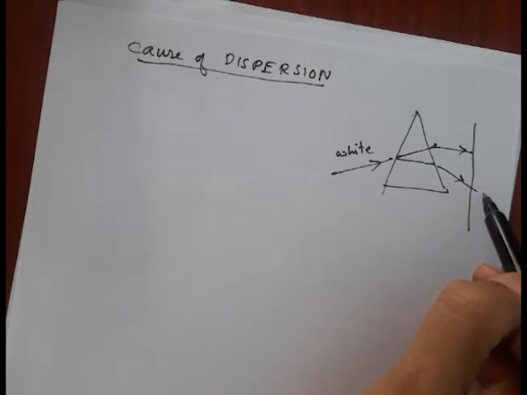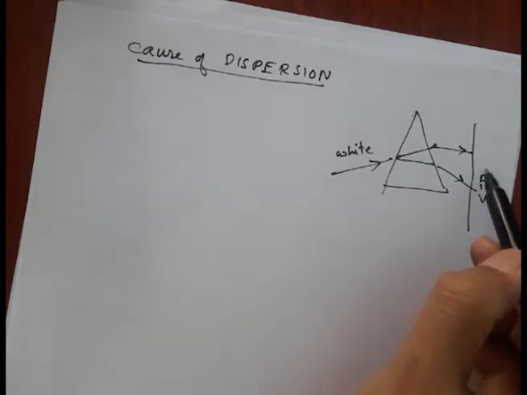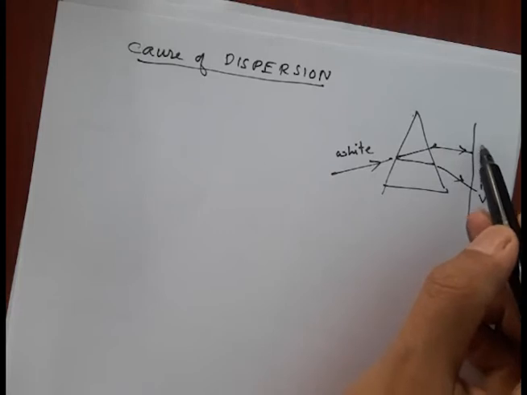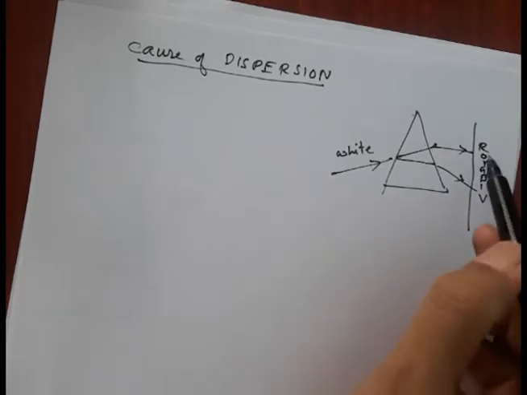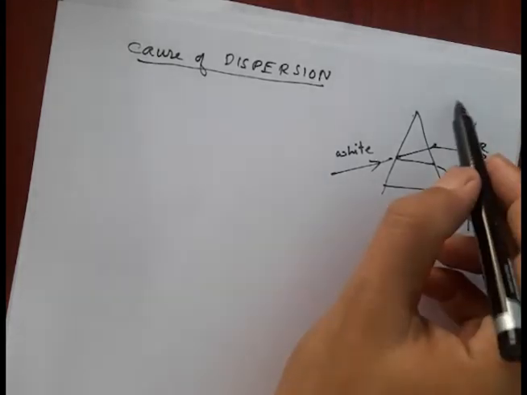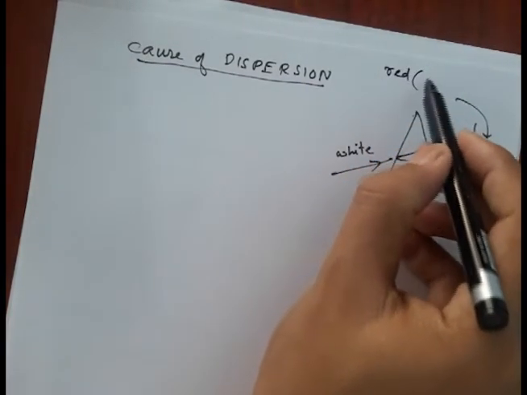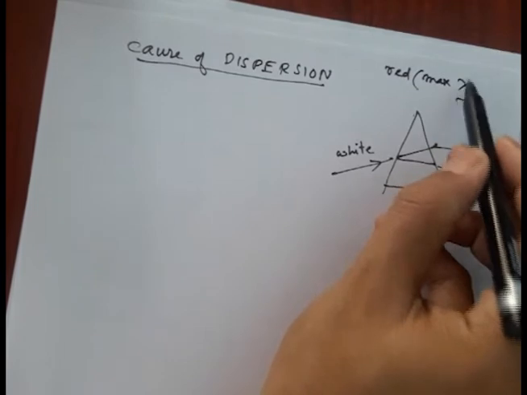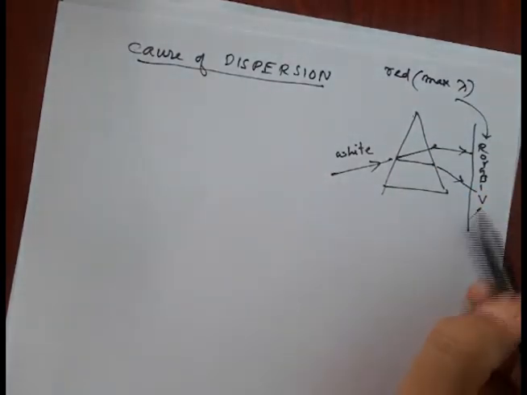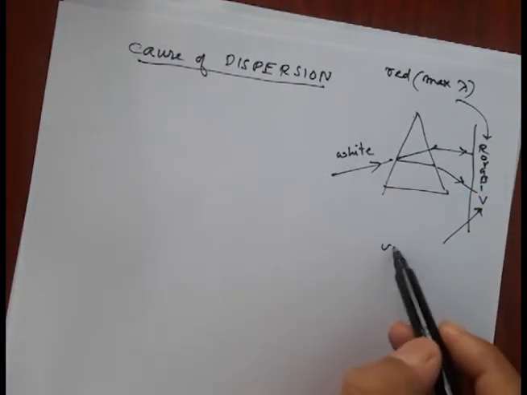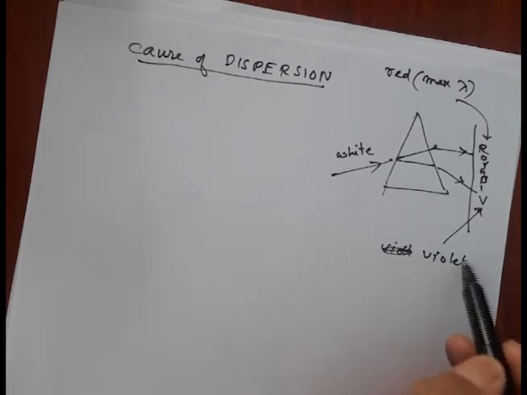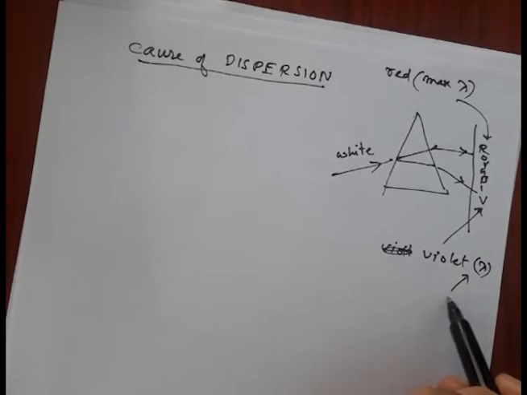The primary colors are VIBGYOR. Among these, red has the maximum wavelength, and violet has the minimum wavelength.